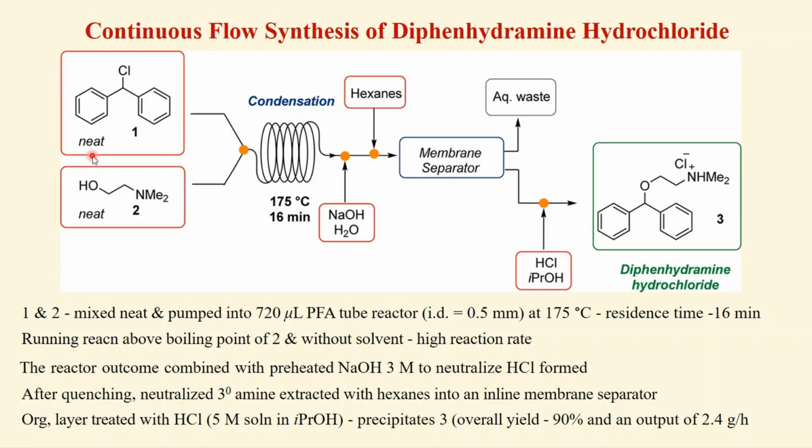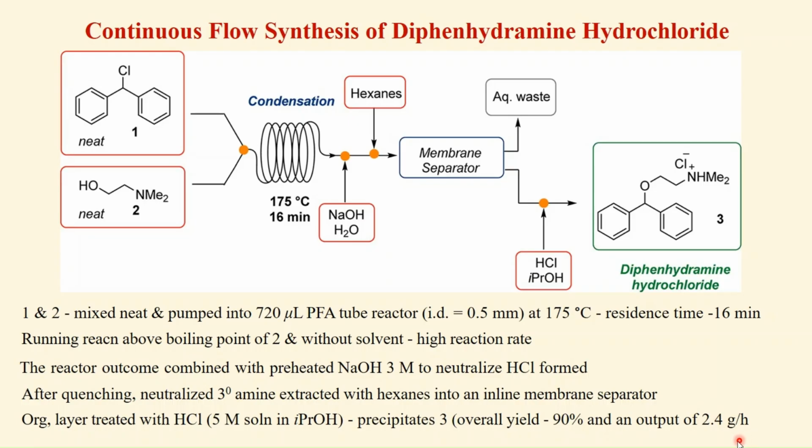The diphenhydramine reacts with HCl to give diphenhydramine hydrochloride salt, which precipitates, which can be filtered, dried, and used for the purpose. The overall yield is 90%, and the rate of formation of diphenhydramine hydrochloride is 2.4 grams per hour.